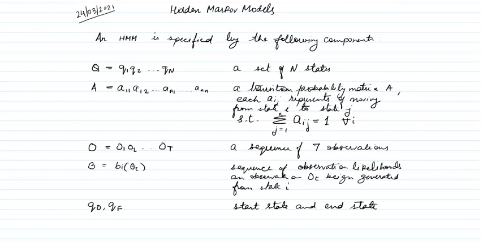Right? So the transition probability matrix is of this kind. We have this matrix. So this is Aij.